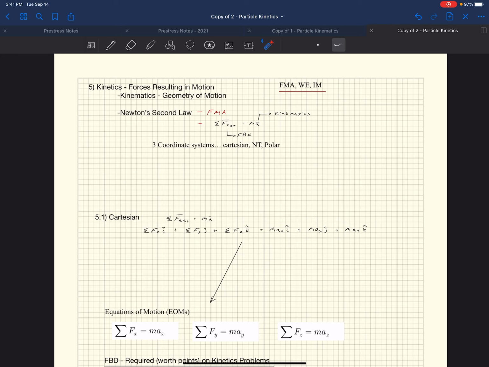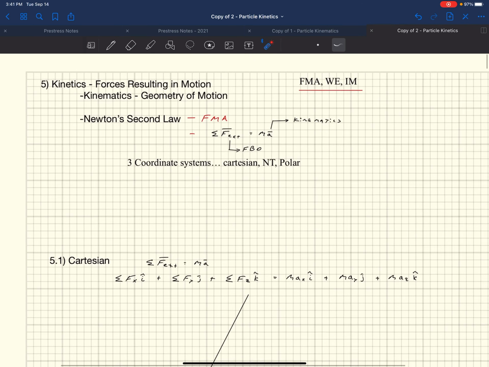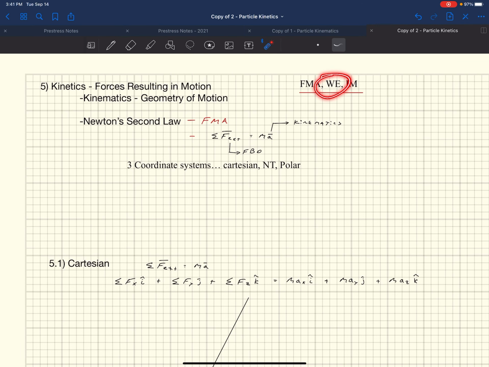In this class, we're going to cover 3 different methods: FMA, force mass acceleration, where we just use Newton's second law, this equation right here, and work energy. That's actually my favorite, and to me, it's the most intuitive. And then impulse momentum for when there are collisions.